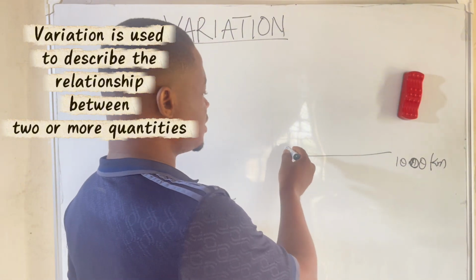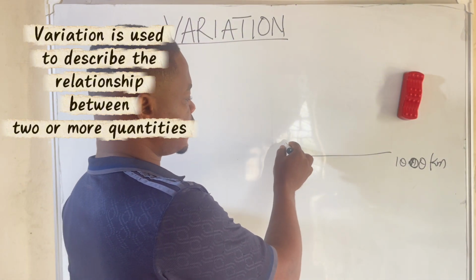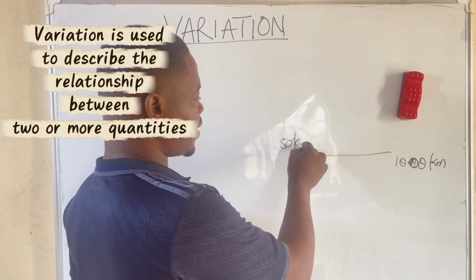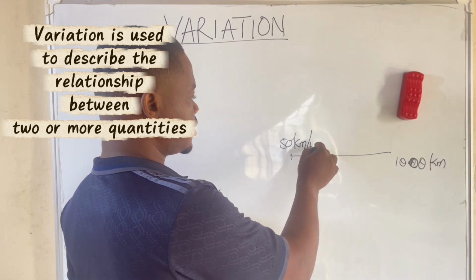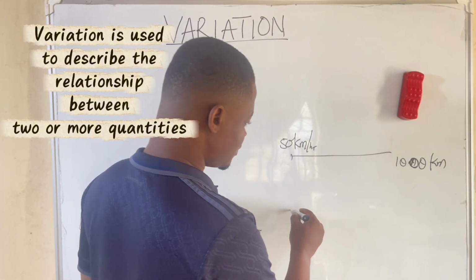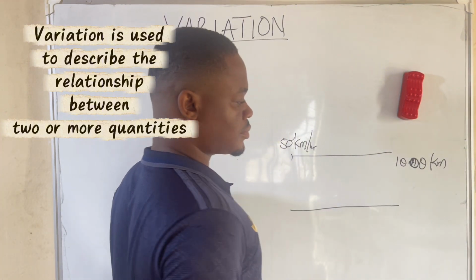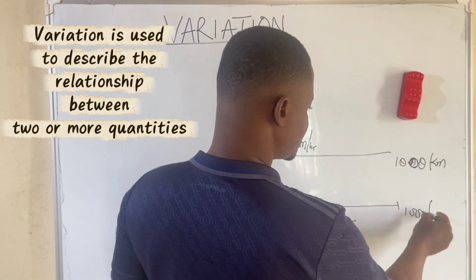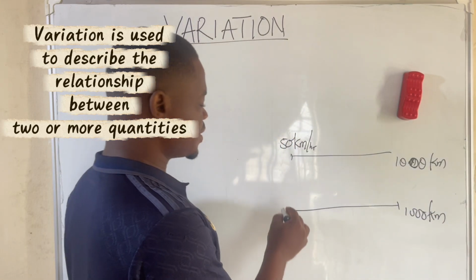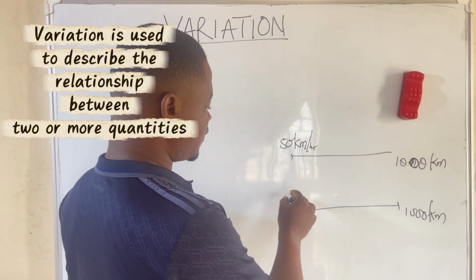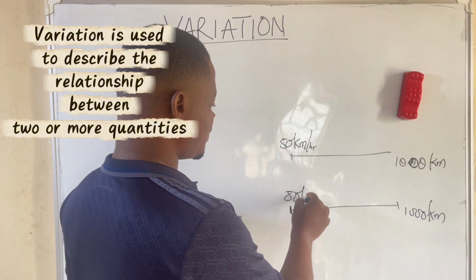Assuming you are at a speed of 50 kilometers per hour, and you have another person going the same direction, the same distance, 1000 kilometers, and this person is at a speed of 80 kilometers per hour.